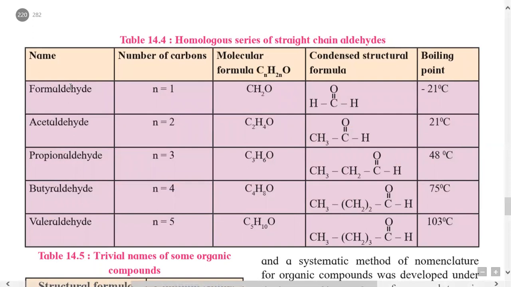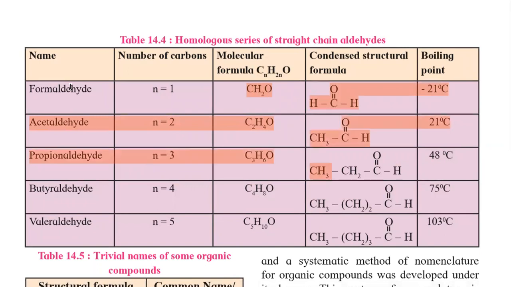So the molecular formulas are CH2O, then C2H4O, C3H6O, C4H8O, C5H10O. In these molecular formulas, the only difference between any two members is a CH2 group, that is, a methylene group.